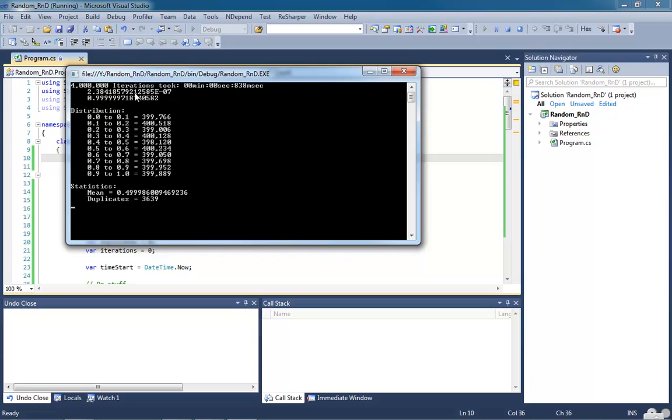So if our algorithms are running roughly at the same speed and we're getting the same distributions and our means are about the same, then we know we've got a good algorithm. If our duplicates are more, not so good. If our duplicates are less, even better. So it's a lot of trade-offs.